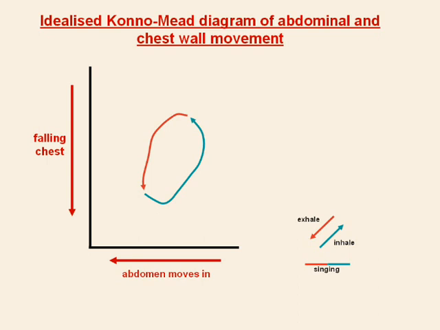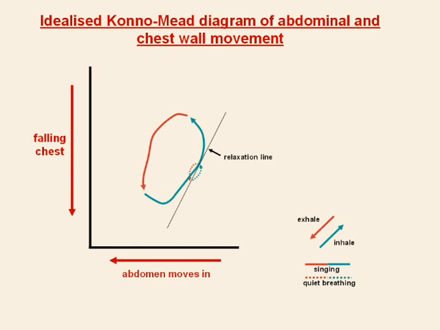The pattern of breathing used in singing produces large open loops on the Konno-Mead diagram. By contrast, during quiet breathing, these are very small. The diagrams contain two types of reference line. The relaxation line indicates the movement as the chest falls and the abdomen recoils without any muscular action, for example, during a sigh.